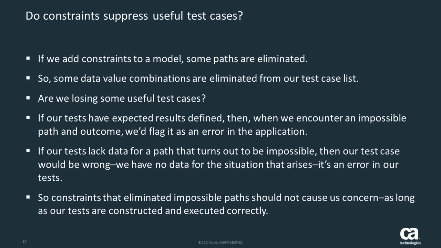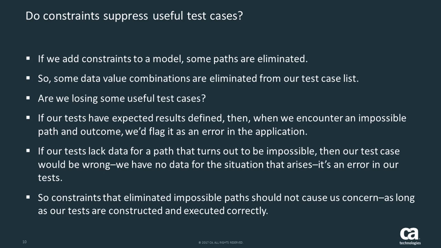I guess the other side would be, it could be that our tests lack data for a path that turns out to be impossible. So when we generate our test cases, one test case might not have data provided for this impossible situation. So again, if the application goes down an impossible path, then our test case would be wrong because we don't have the data to keep providing to the application to carry on down an impossible path.